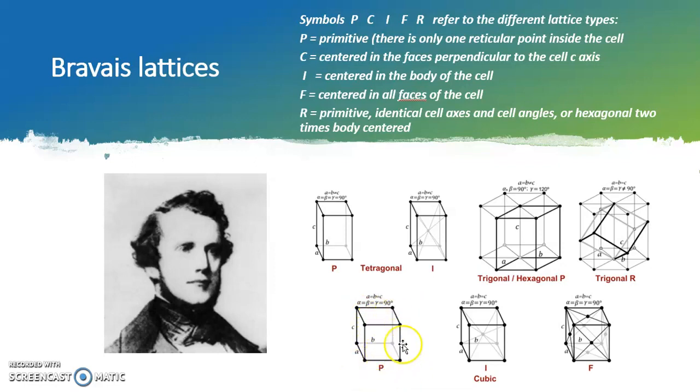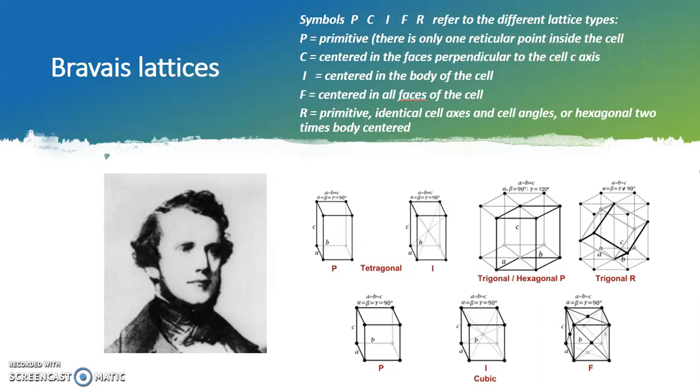If you have a molecule placed exactly in the cavity at the center of this cube, then it is referred to as I. And if you are getting a particle placed at the center of each face of the cube, then it is referred to as F.